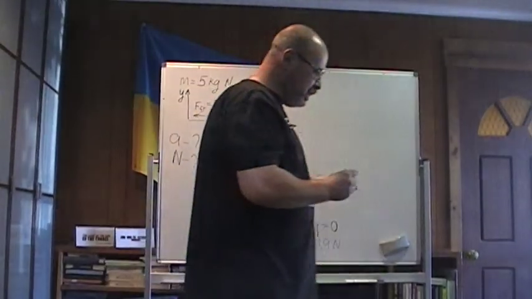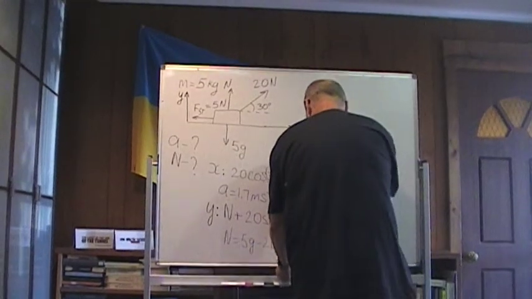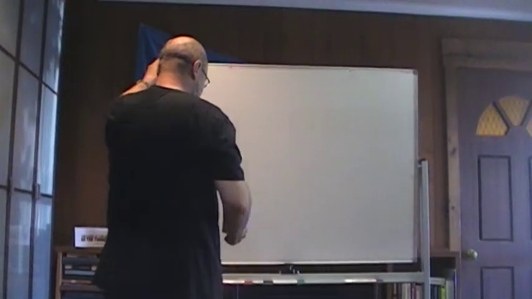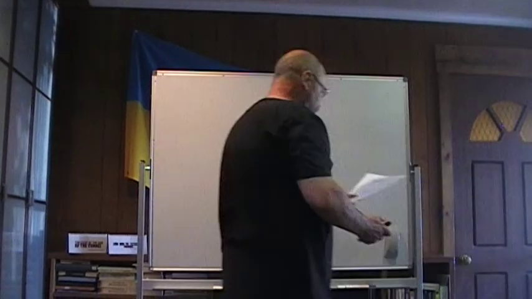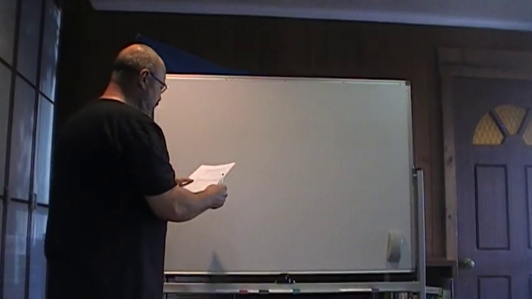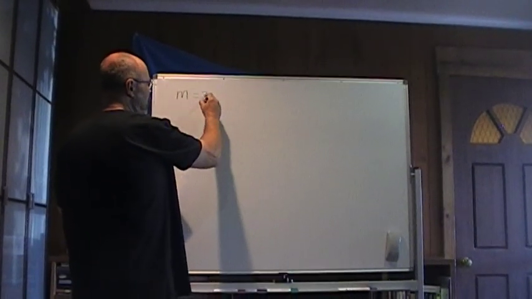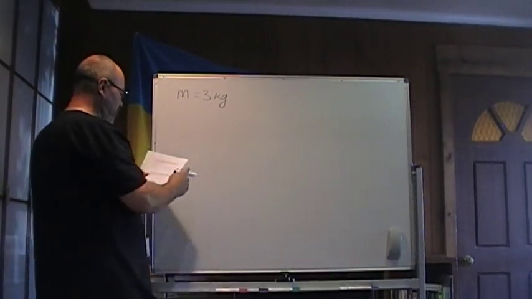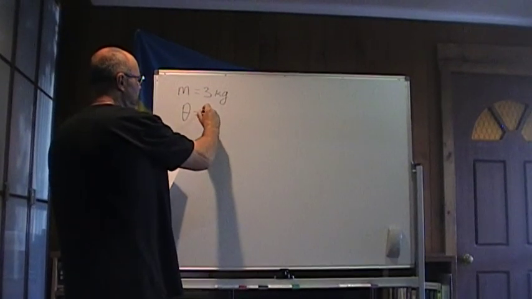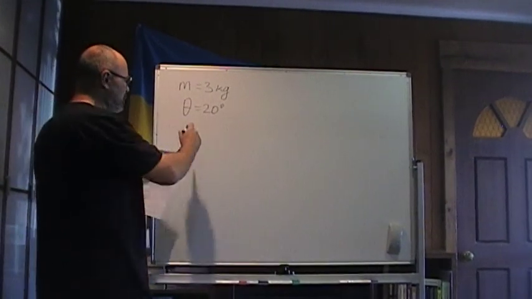Next example, we will consider an object on an inclined plane. So we have a 3 kilogram body that is projected up an inclined plane that makes an angle of 20 degrees with the horizontal with a velocity of 10 meters per second.